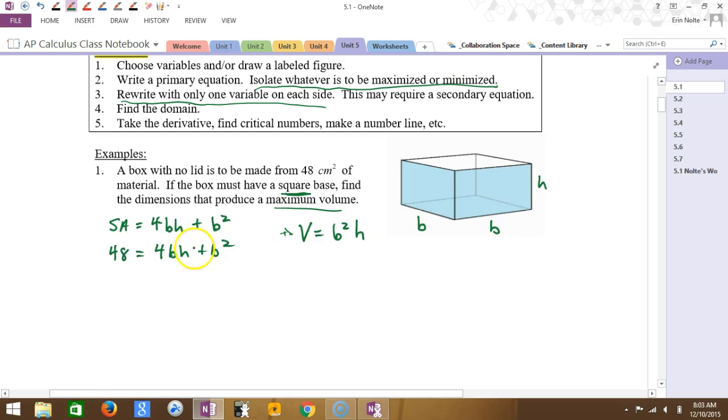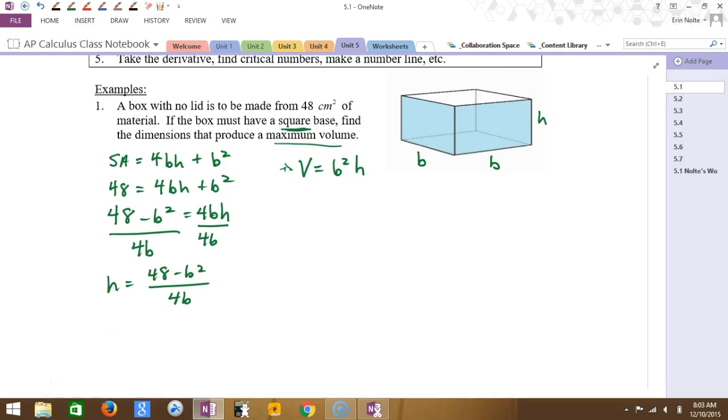So on the surface area formula, I'm going to isolate the h. I'm going to start by subtracting the b squared, and then to isolate that h, I'm going to divide by 4b. So h is going to equal 48 minus b squared over 4b.